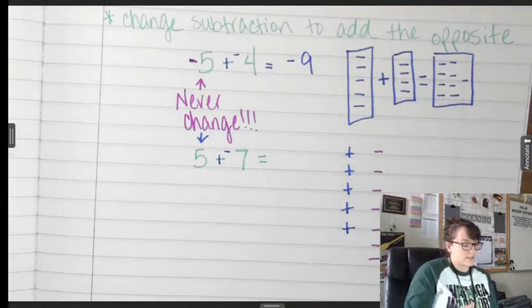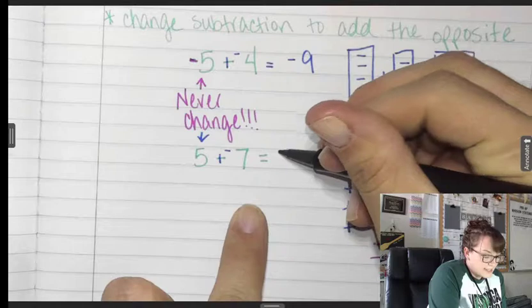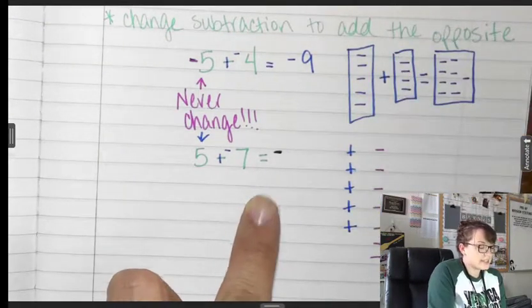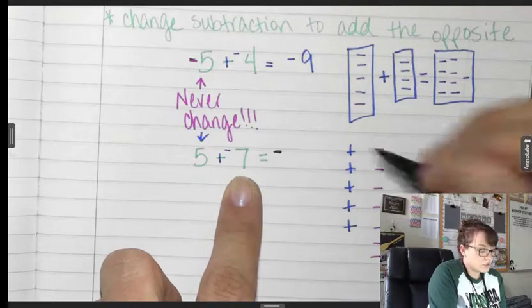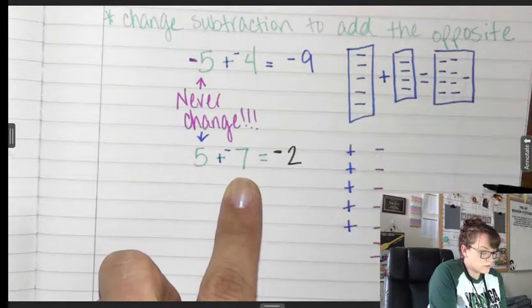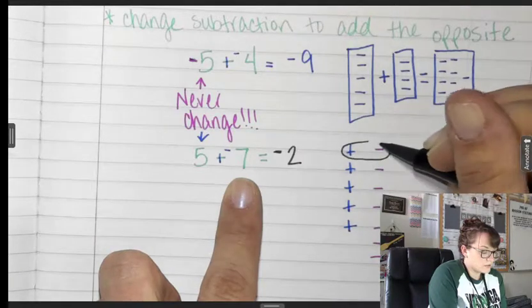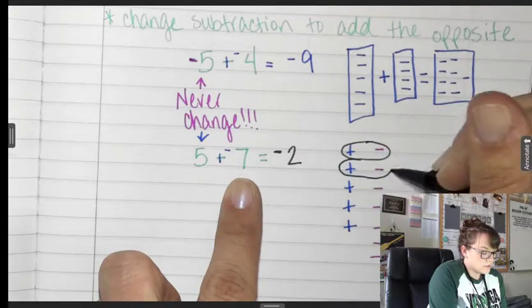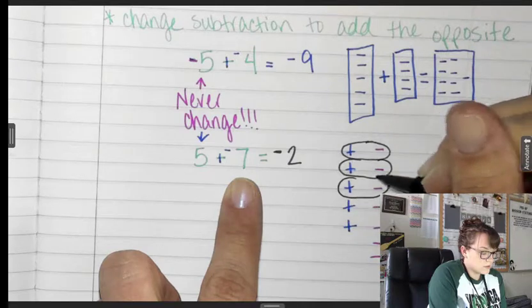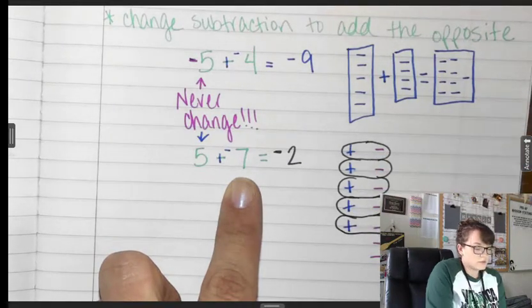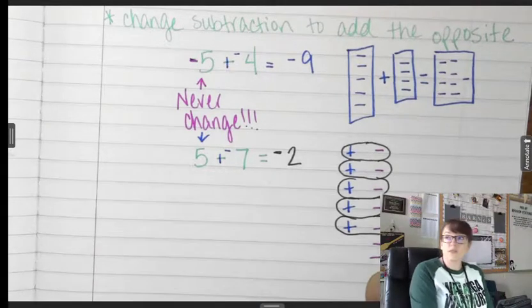Which team wins? The 7 team wins. How many more players does the 7 team have? 2. This is called a 0 pair. So these 0 out, 0 out, 0 out. This is what's left.